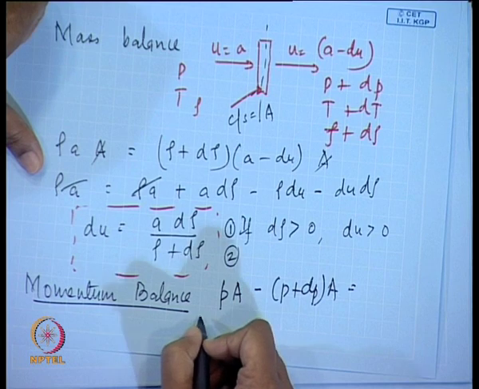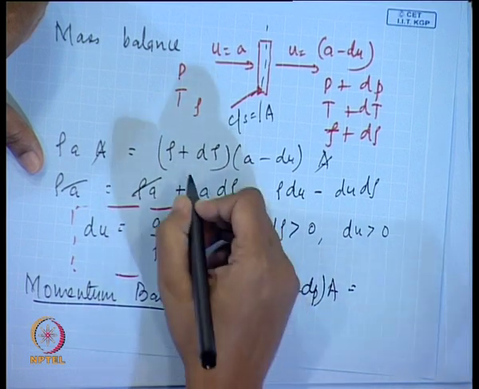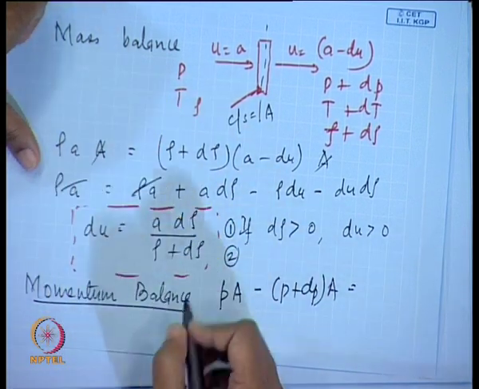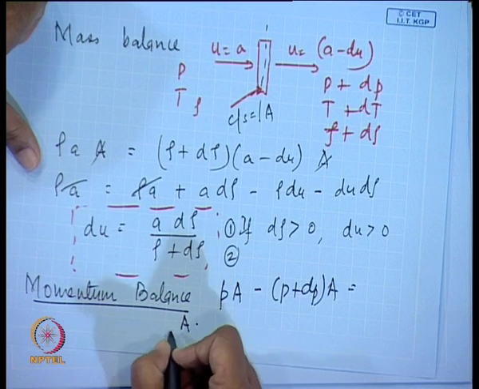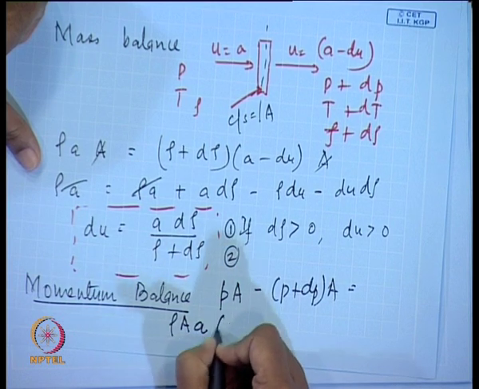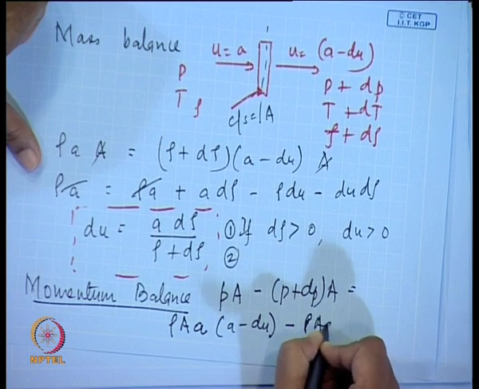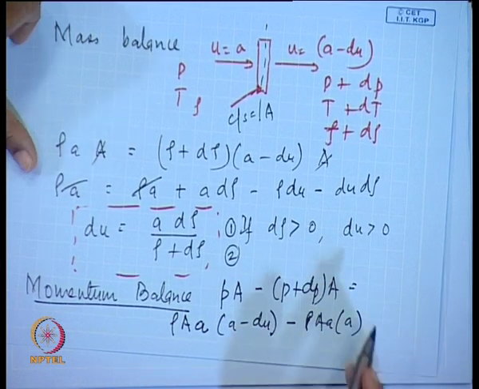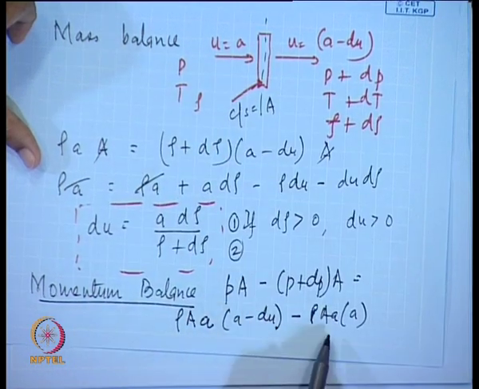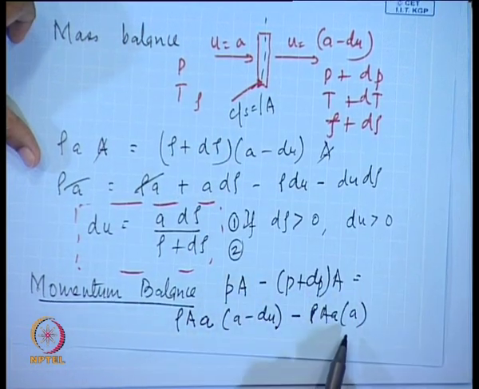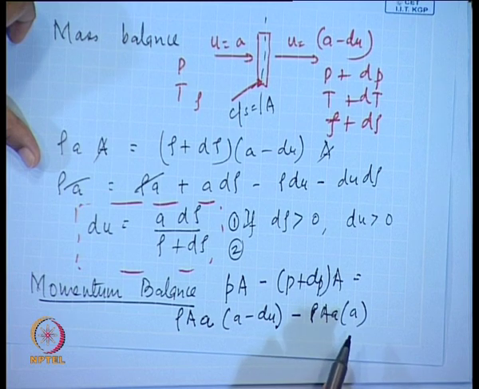So, how much momentum? Mass into velocity. Mass I have already written down, rho A. So, it is rho A into (A minus du) minus rho A into A. If you compare this picture, this is going to be the momentum balance. Agreed, all of you?